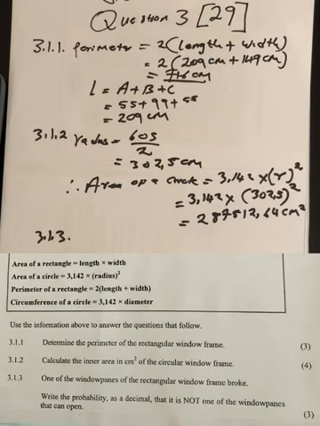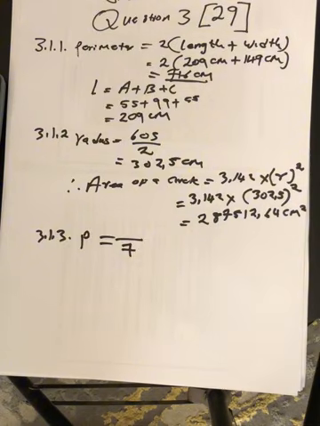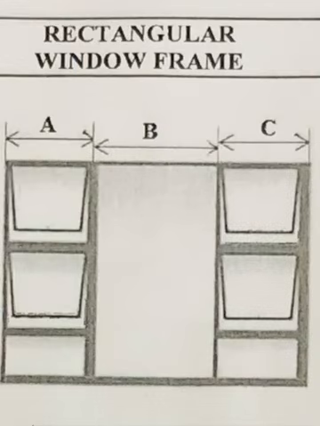So if we go back to the rectangular, we can see that we are having 7 pieces of this. So we know that our probability is going to be divided by 7. That is the thing that we already know, because we are having 7 pieces of that rectangular window.